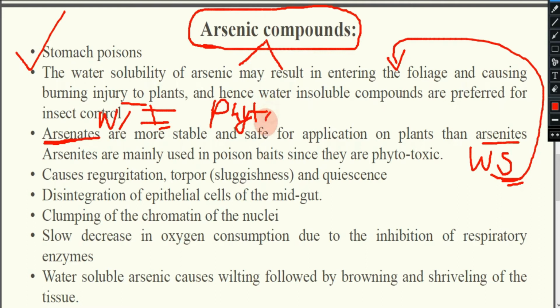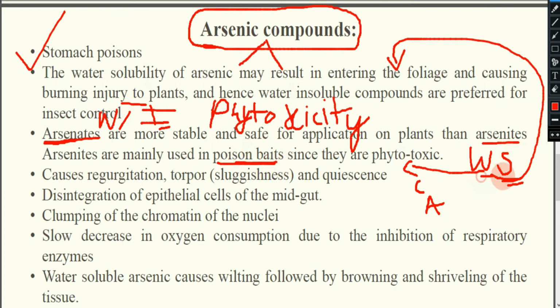As they are producing this phytotoxicity effect, what will happen? They should not be applied directly over the plant surface because they are phytotoxic in nature. How can they be used? They can be used in the poison bait, where the toxicant will be there, some carrier will be there, some adjuvant or attractant will be there, so that the pest will come to this poison bait, feed and die.